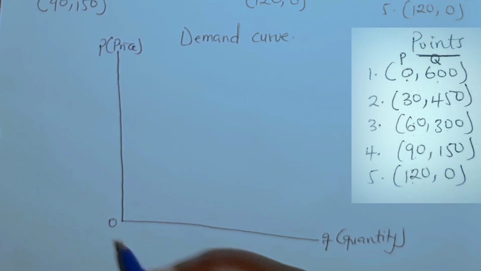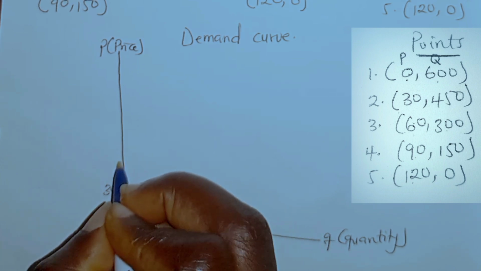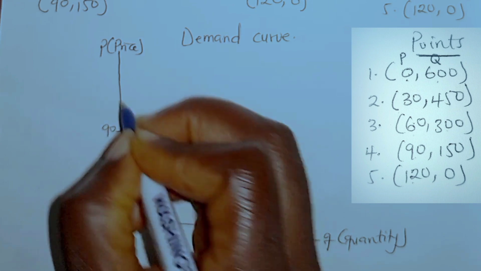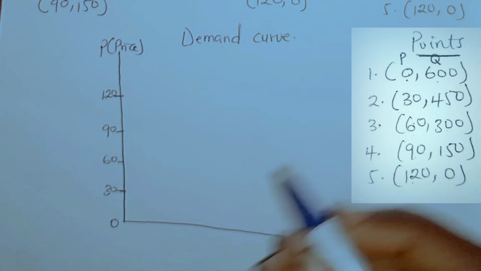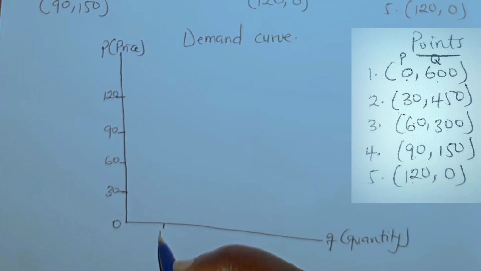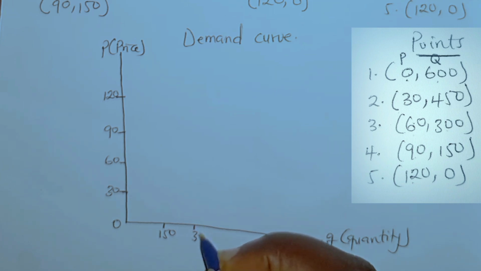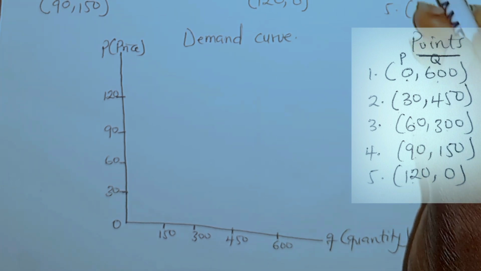So I plot the first figures on the P axis, which is the Y axis, and then write the second figures on the quantity axis, starting from the lowest point, which is 0, 150, 300, 450, and then 600.